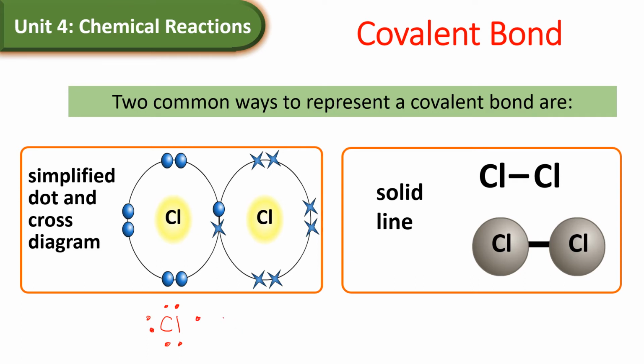If you have here your Cl, let's use the green one, you have your 1, 2, 3, 4, 5, 6, 7. This area here is your shared electron. Another way to write your covalent bond is by using this dash or this line. This line represents this area that I encircled.